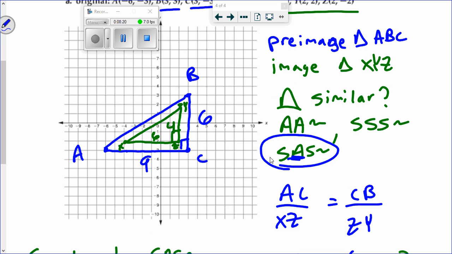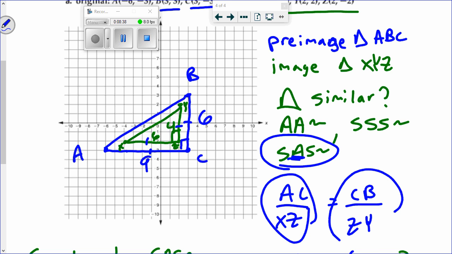So, well, what sides would we be referring to? AC, which corresponds to XZ, as you can see here. We've got to check that that's proportional. So these sides here. We've got to make sure those are proportional to here. Okay, so that our right angle is included. So that gives us CB to ZY. So we need to check that proportion.